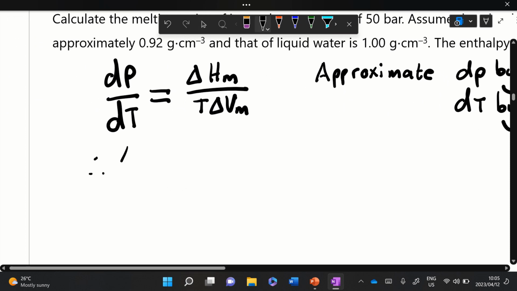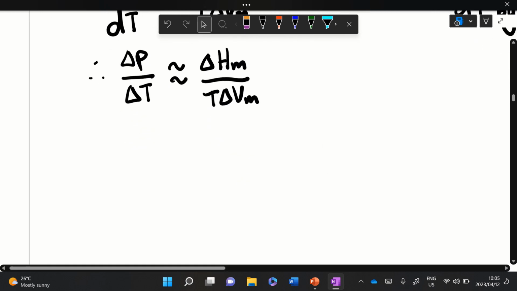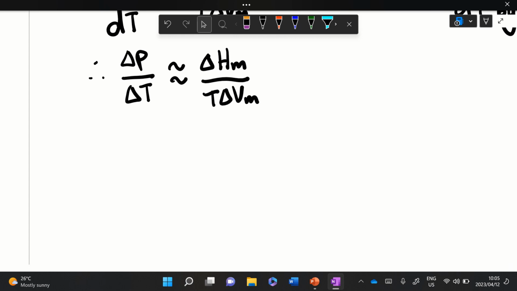So then we have delta P over delta T is approximately equal to delta Hm over T delta Vm. Okay, so then we have an actual expression from which to calculate physical values, because it's no longer just differentials, it's now exact changes, so you can plug in a final and an initial value for something.